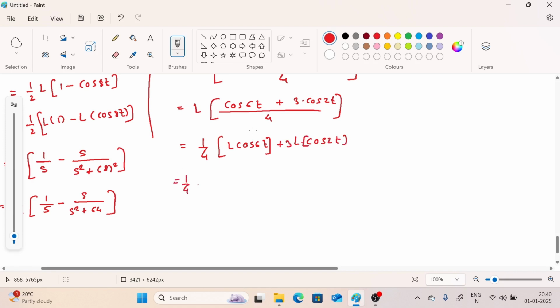Laplace of cos at is s upon s square plus a square. So for cos 6t we get s upon s square plus 36, and plus 3 times, for cos 2t, s upon s square plus 4.